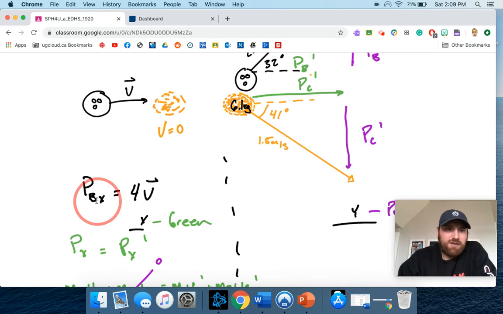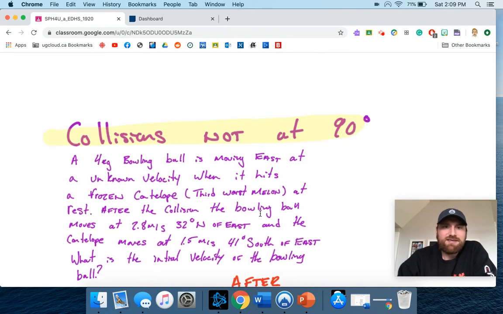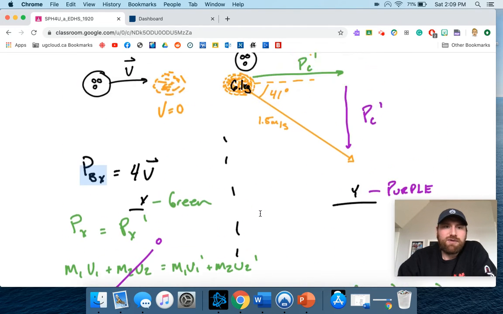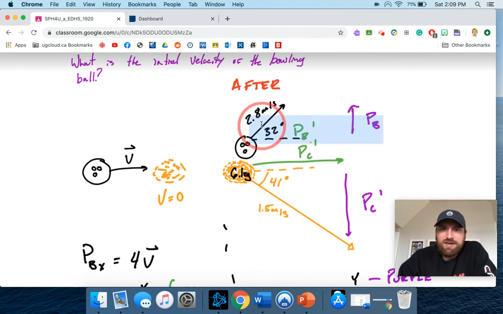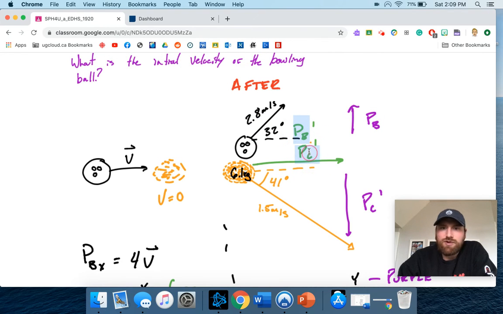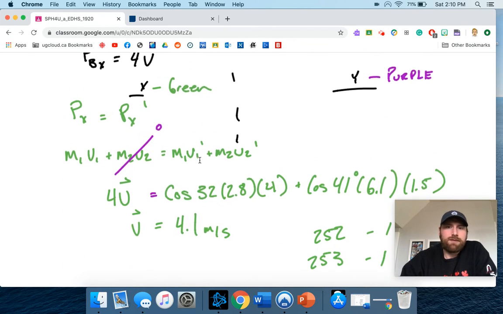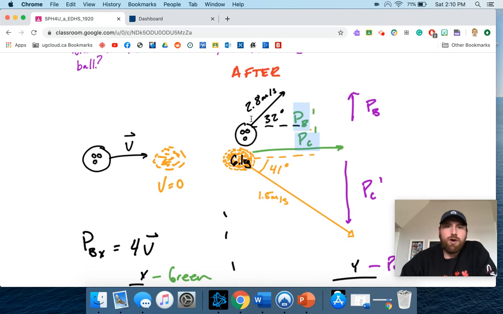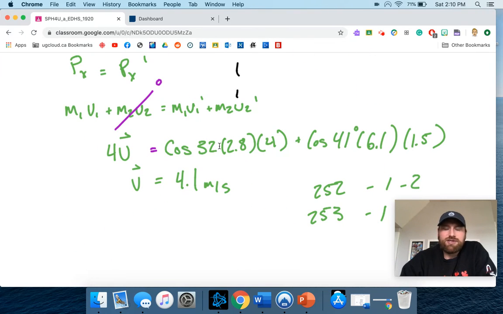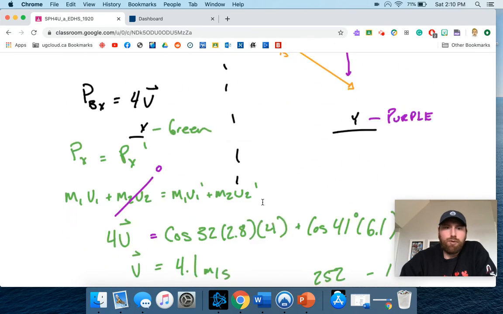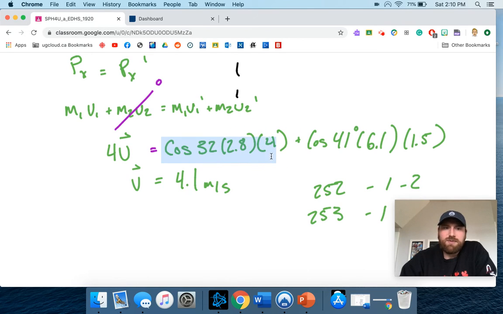Okay, so here's what we're going to do. We know that the momentum of the bowling ball in the x, after we find it, so we're going to split these into their corresponding components, right? So in this case, I did it all in one step. So in the x, cosine 32, which gives us this vector right here, cosine 32 times 2.8, which is the bowling ball after, times 4, which is the mass of the bowling ball. So this is going to end up with our P prime.